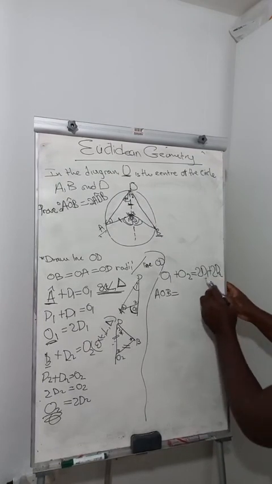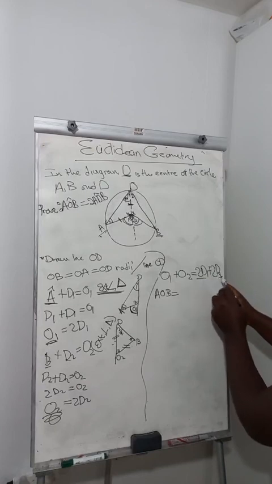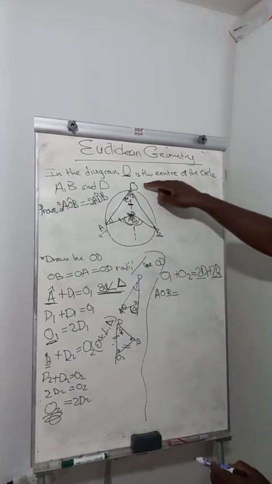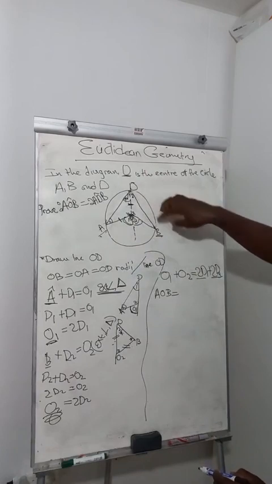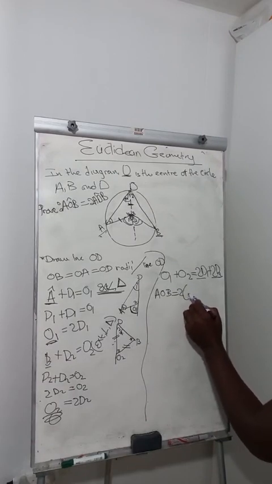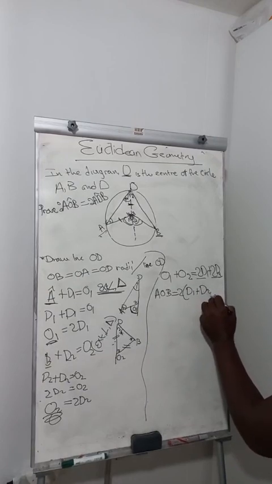2D1 plus 2D2 is the same as saying ADB. So let's remove the common factor of 2 here. With 2 as a common factor, you'll be left with D1 plus D2.